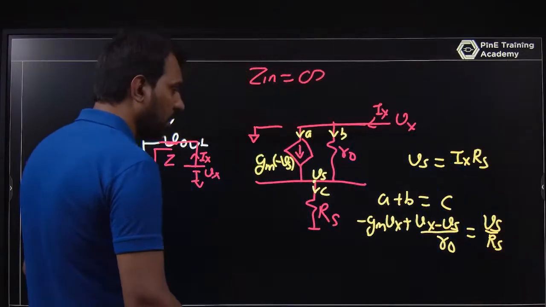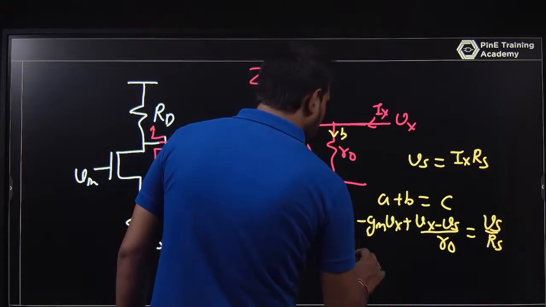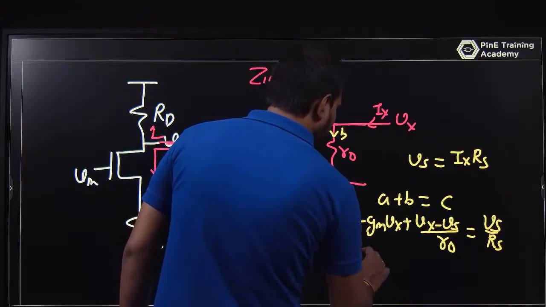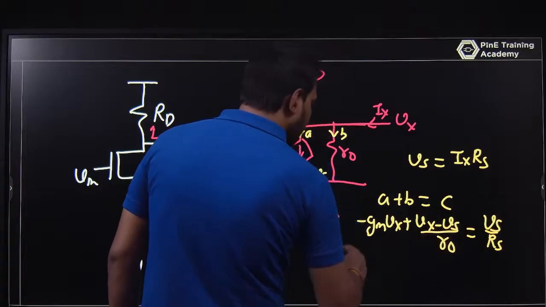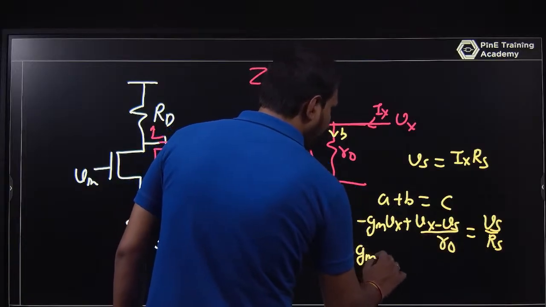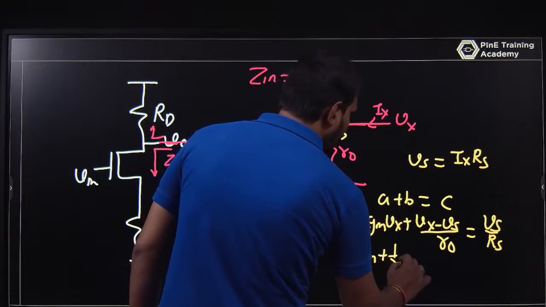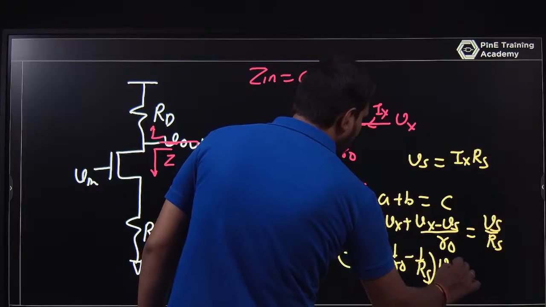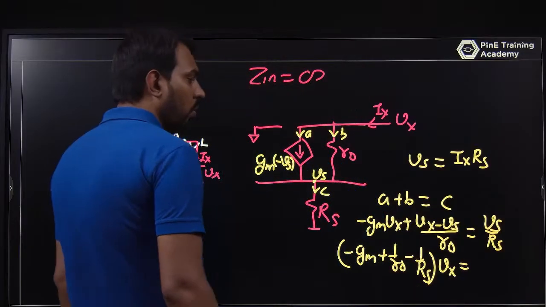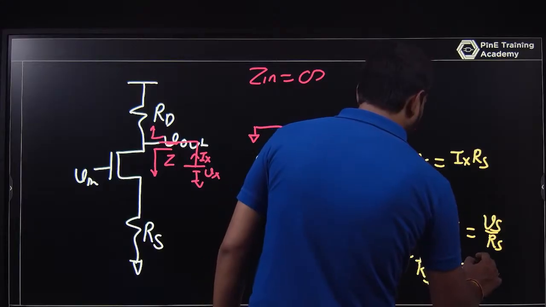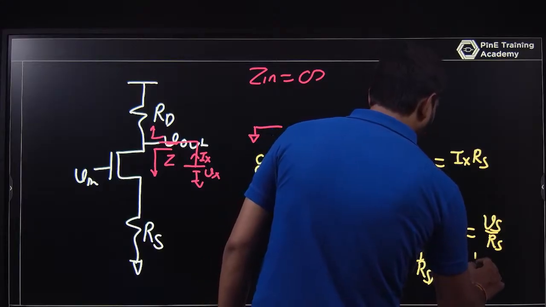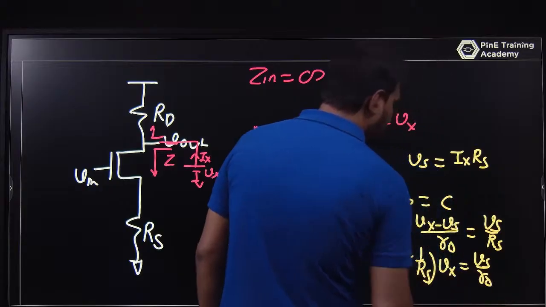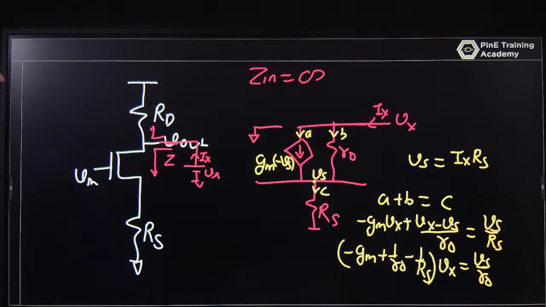So on one side you take minus gm plus 1 upon R naught minus 1 upon Rs, into Vx, and that is equal to Vs upon R naught. And what is the value of Vs? That is Ix into Rs. Just put it here.